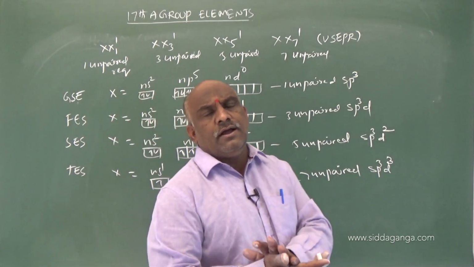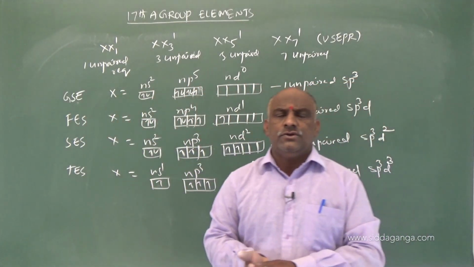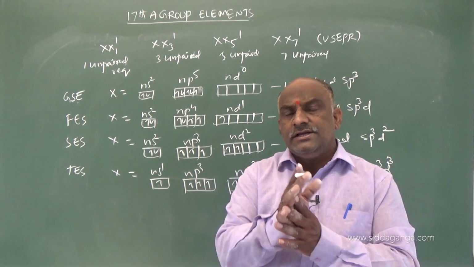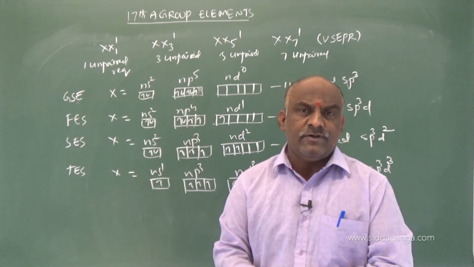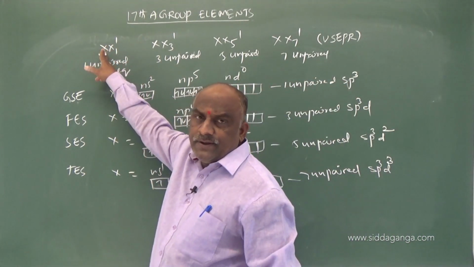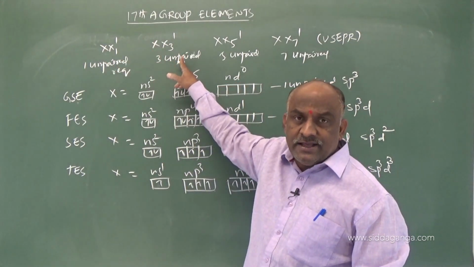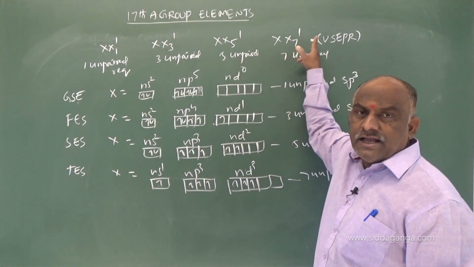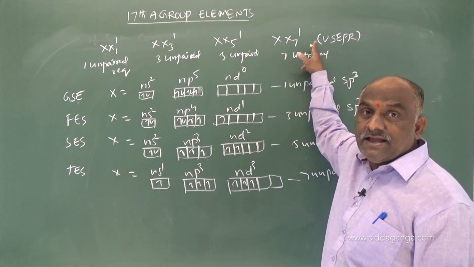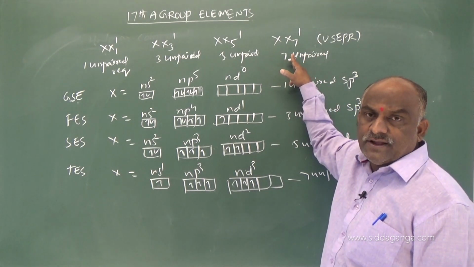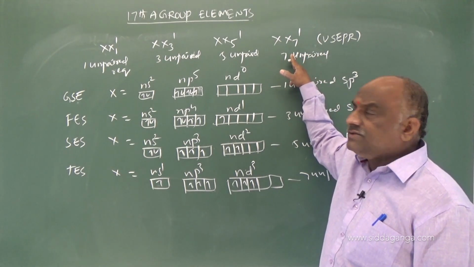So according to the excited state electronic configuration only we have to find the hybridizations, and according to the hybridizations only we have to decide the shape of the molecule. So monohalides are sp3 hybridized, trihalides sp3d hybridized, pentahalides sp3d2 hybridized, heptahalides sp3d3 hybridized. In heptahalides only one example is there, that is IF7. IF7 undergoes which hybridization?